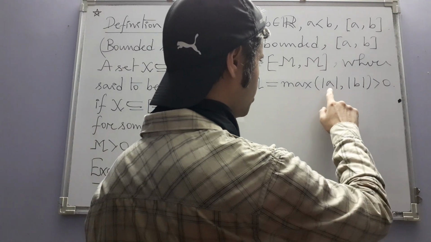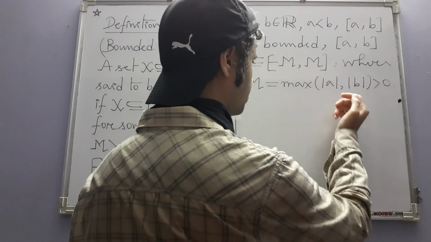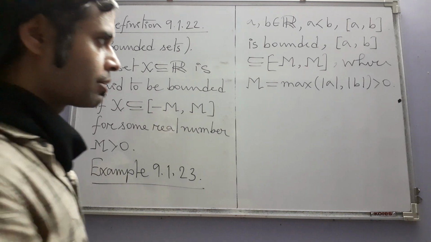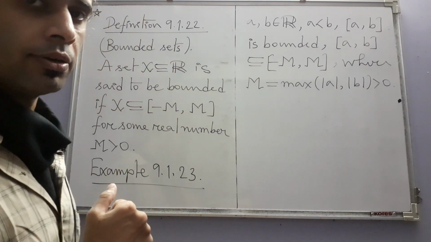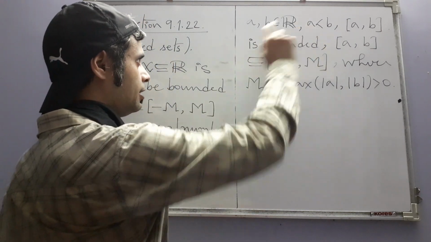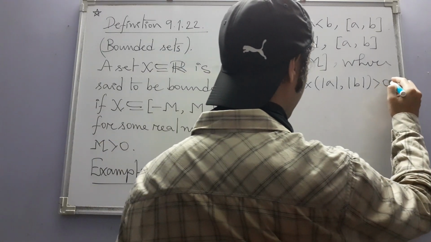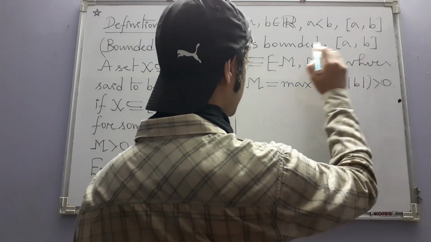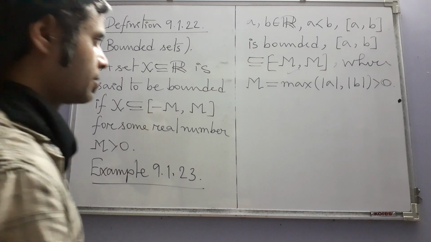Is it not possible for both of them to be equal to 0, so that the maximum is 0? No, because if both of them are equal to 0, then a and b are both 0, but that will contradict this inequality because they are not equal. Okay, so that's why m at least is greater than 0. But with this m, why is this a subset of this, that I leave to you to verify.